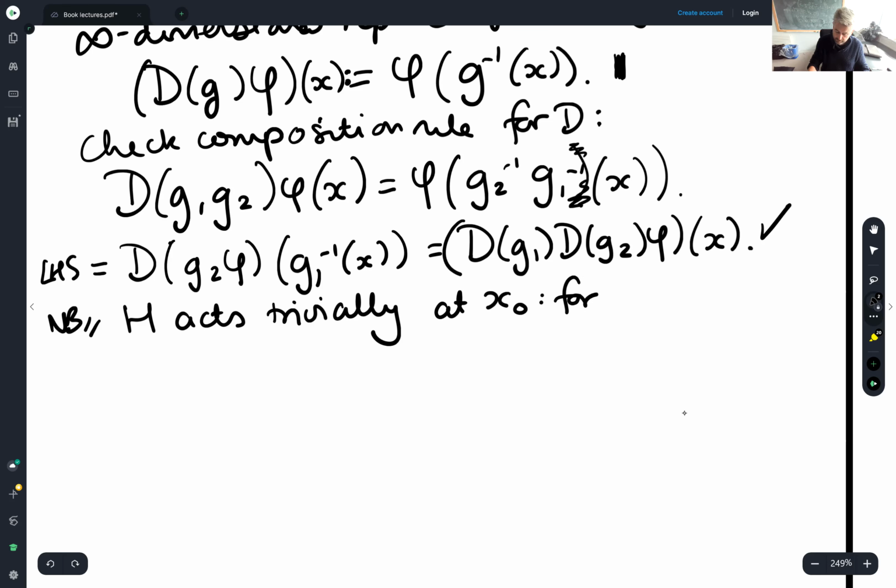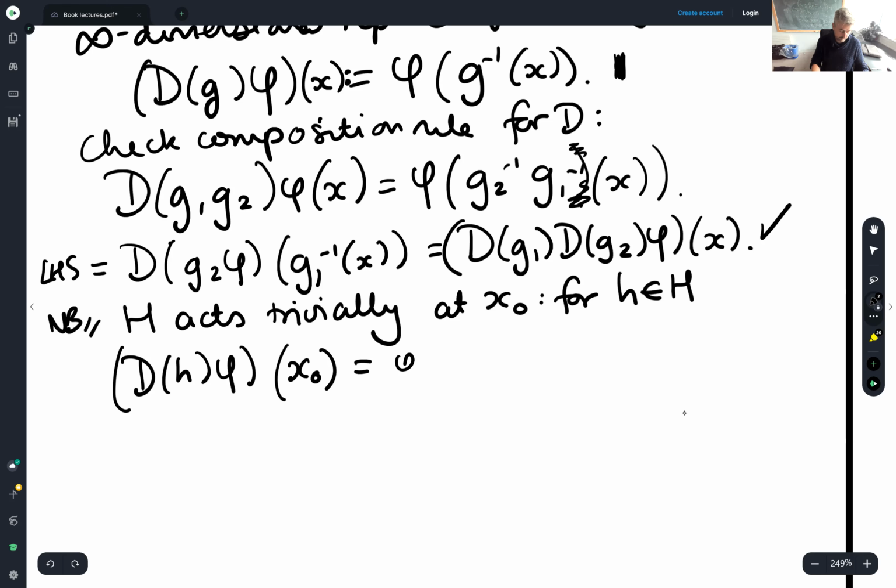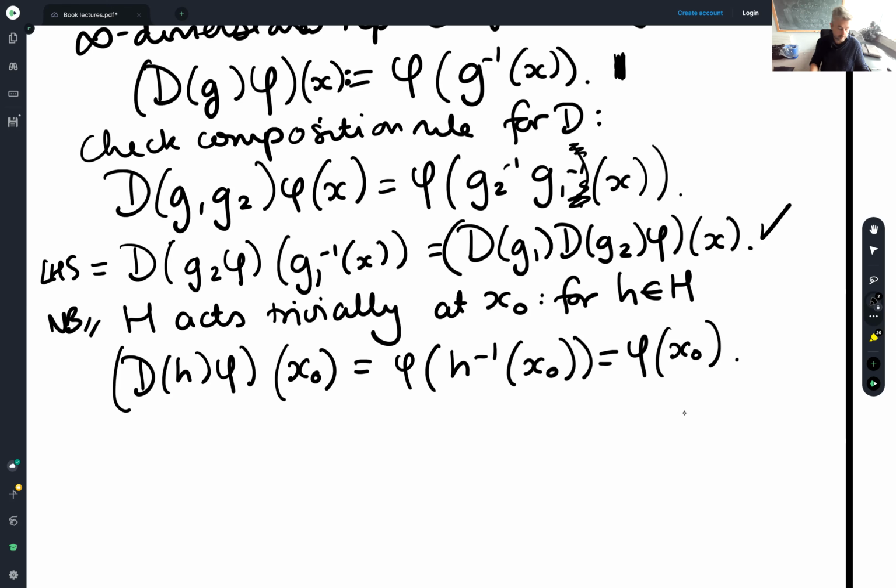For some member h of the little group, D of h phi acting at x0 is equal to phi of h to the minus 1 x0, and because h is in the little group, h to the minus 1 is also in the little group, and so this leaves x0 unchanged. And this is why we regard phi as a scalar function, essentially this last fact.